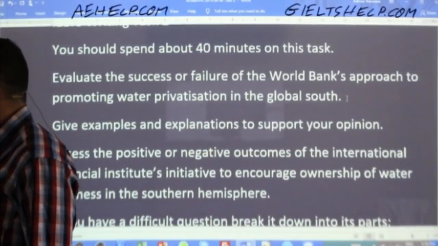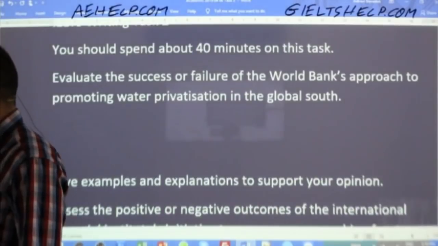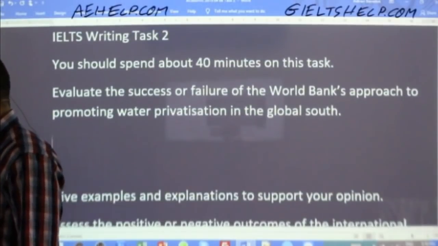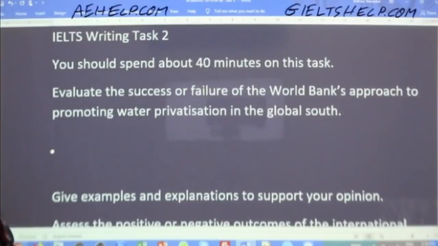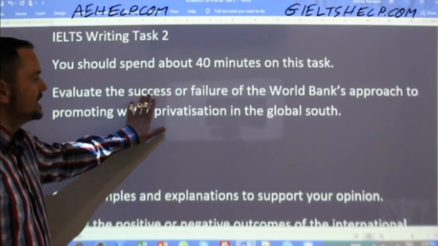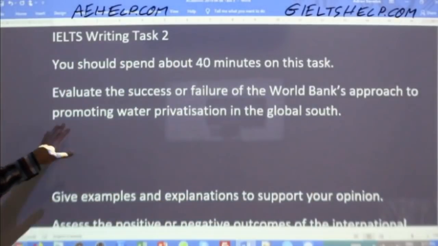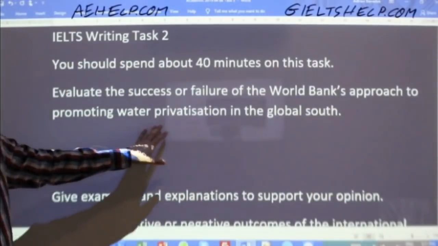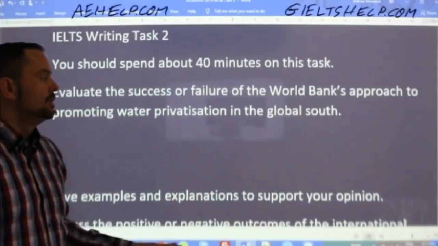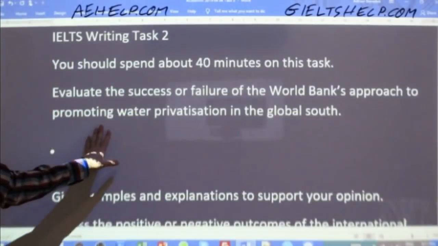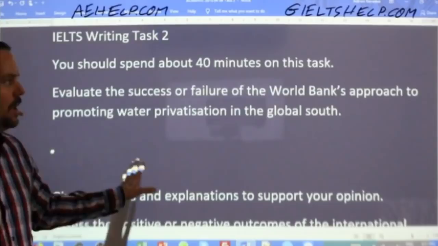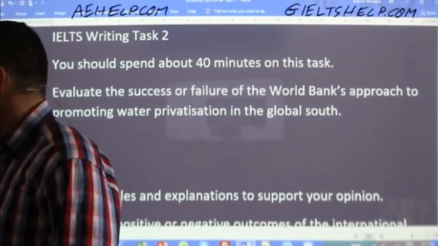Let's look at not my paraphrase, but the original question to break it into its components. Okay, so evaluate the success or failure of the World Bank's approach to promoting water privatization in the global south. Okay. What's the question that we want to ask here?